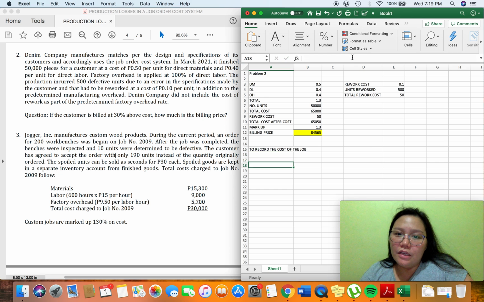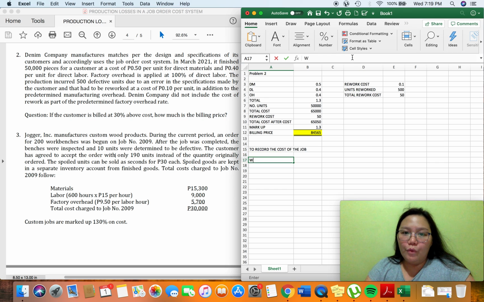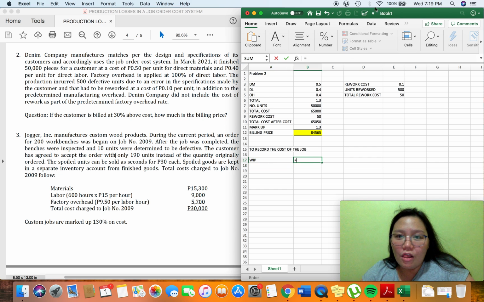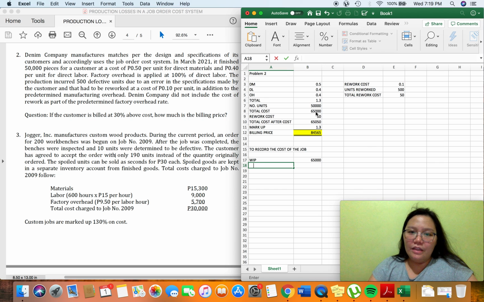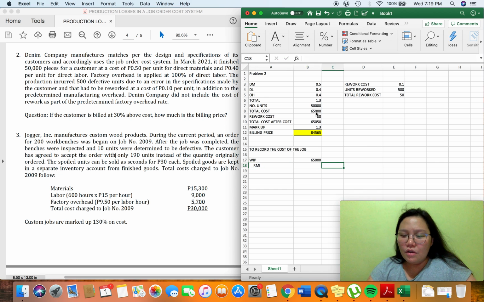So our entry, of course, is to debit work in process for the total, which is equal to 65,000. And then we have to credit raw materials inventory. So to compute, we have 50,000 units multiplied by 0.5. This is equal to 25,000.